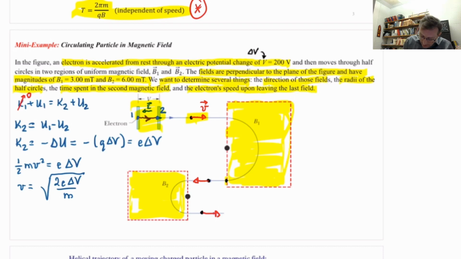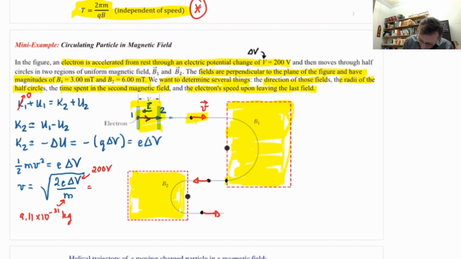By the way, we know all these numbers. The delta V is what they just call V there, 200 volts. Little e is the famous charge quantum, of course. And remember, we're talking about an electron, so the m is known, 9.11 times 10 to the minus 31 kilograms. So I will tell you what you get for that little v.